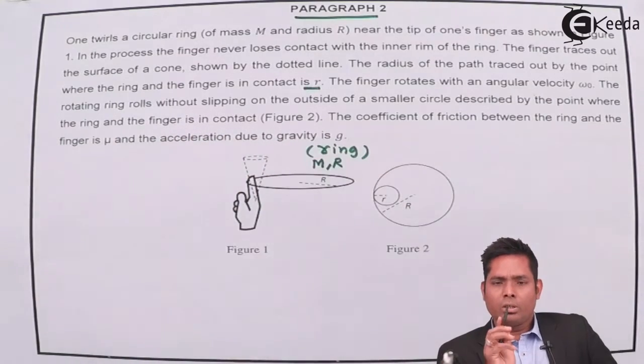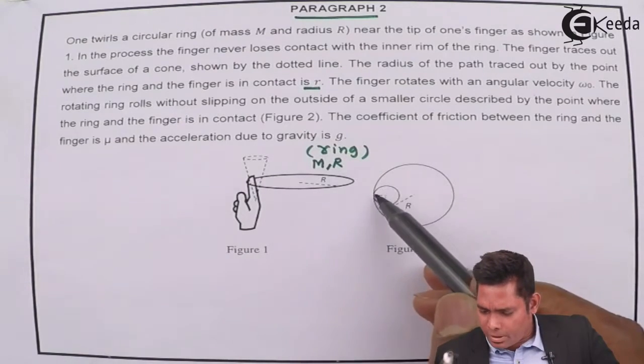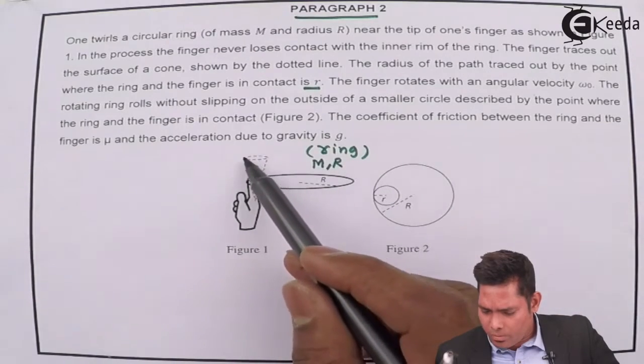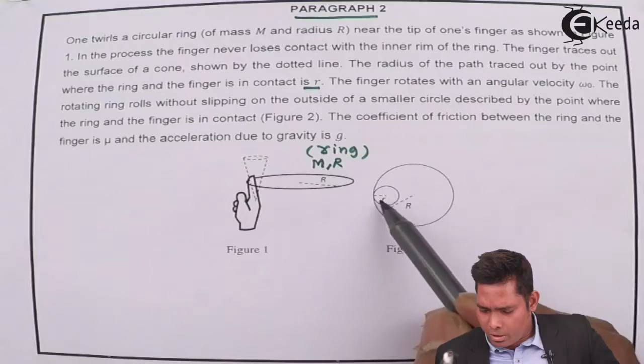That means the tip of the finger moves in a circle of radius small r, which is represented here. This is the radius of the tip of the finger.